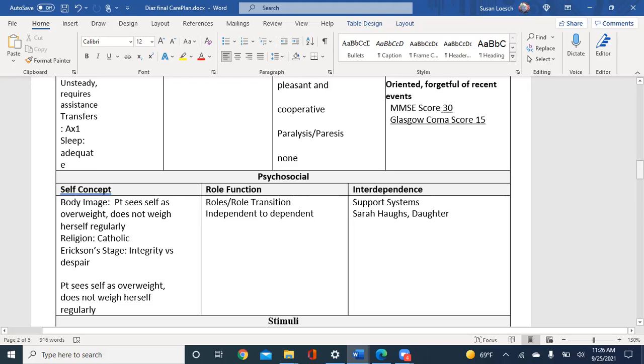When you're stating something about that, do you have to say due to the fact that she said this, or just state it? So you could write something like, patient may be embarrassed due to reliance on others, or due to inability to transfer self.